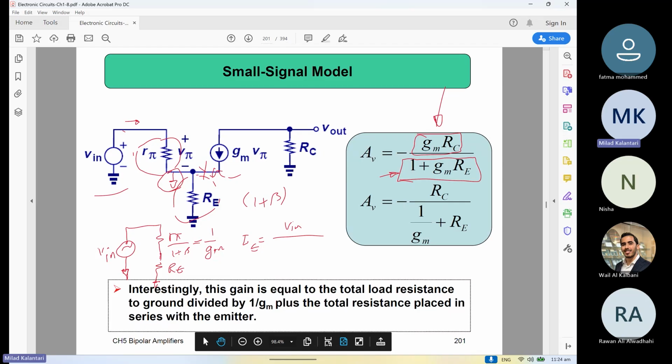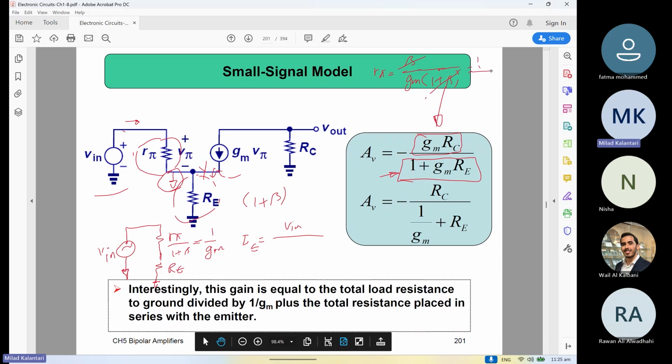Right? Why? Because R pi was initially beta times 1 over GM, right? But we are shifting this R pi to the emitter side, so we are dividing it by 1 plus beta. And 1 plus beta is almost similar to beta, right? So basically you can cancel this.